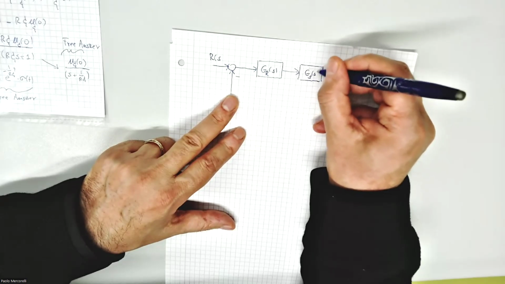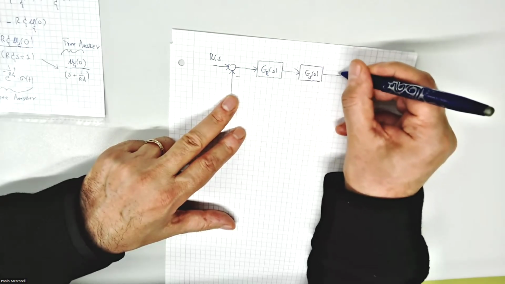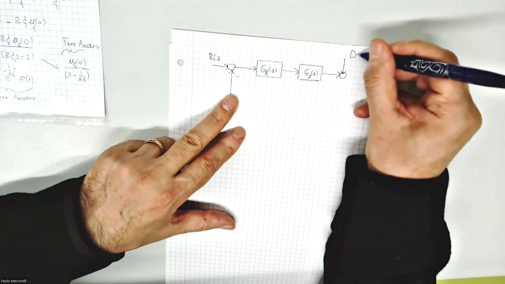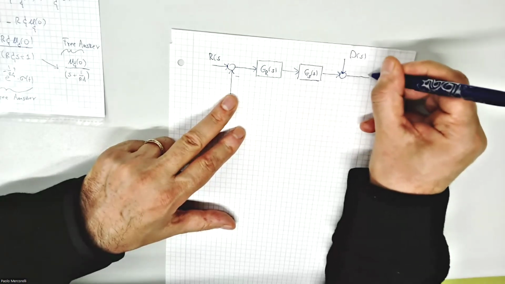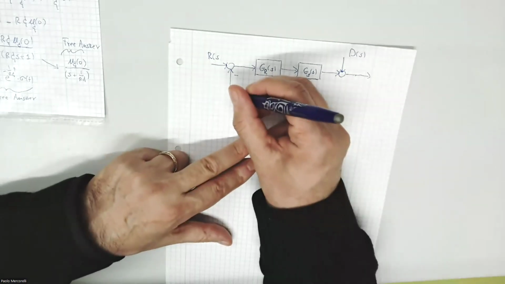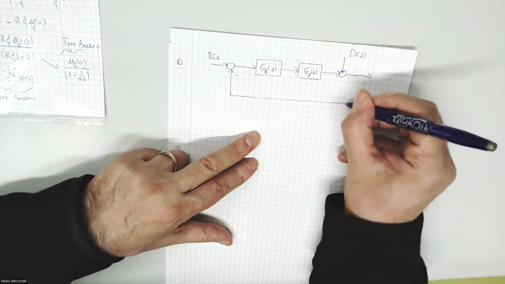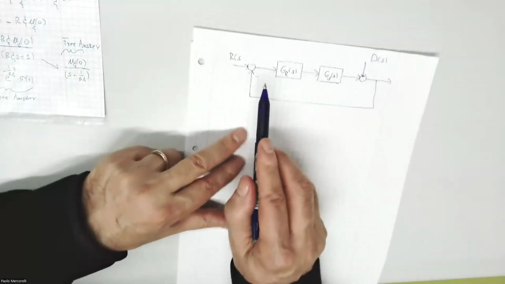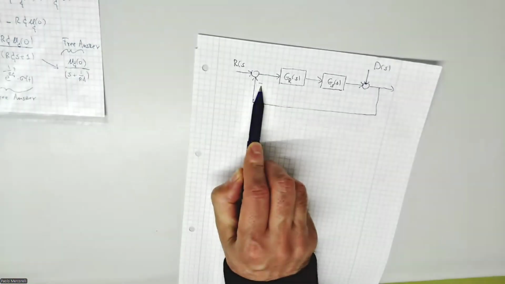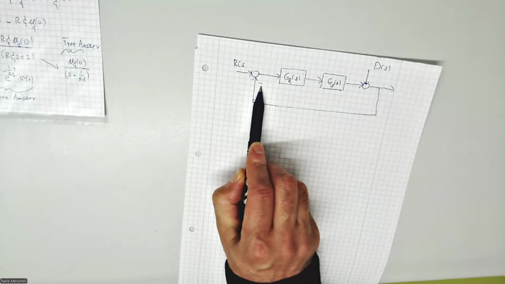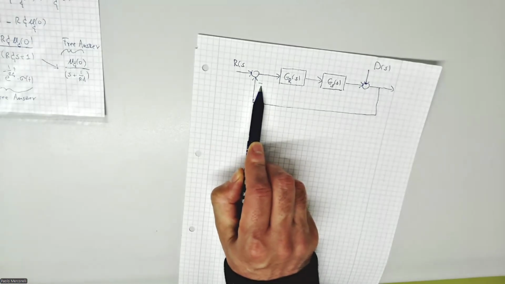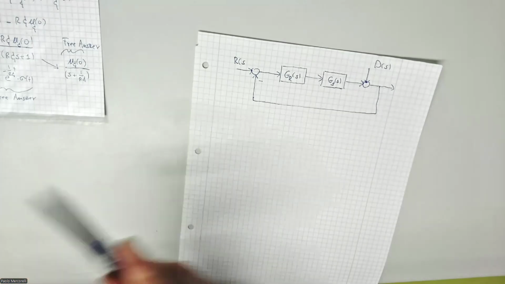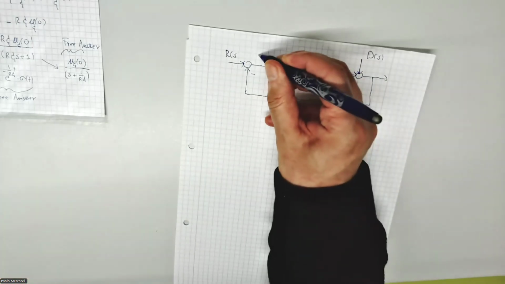G_S(s) is the system to be controlled. What I didn't have in the slide is this case. Please pay attention. Typically, we had considered a negative feedback.